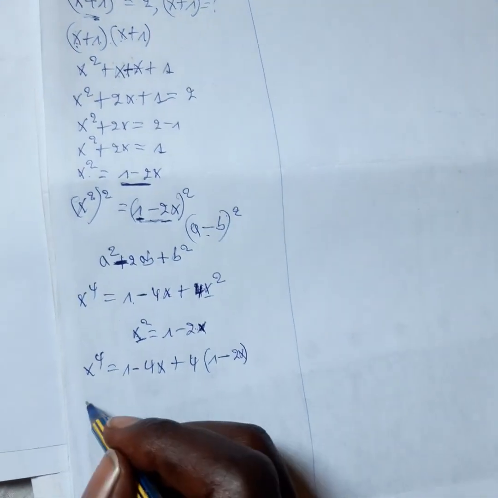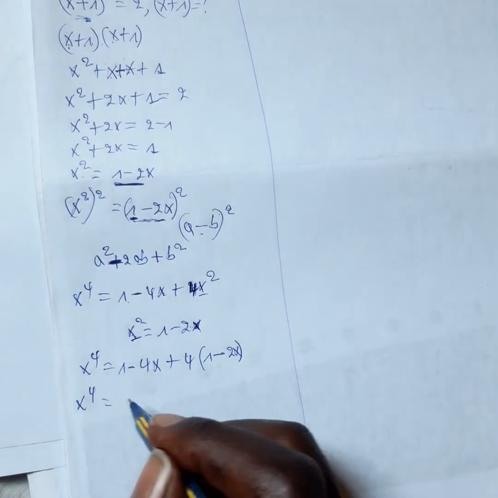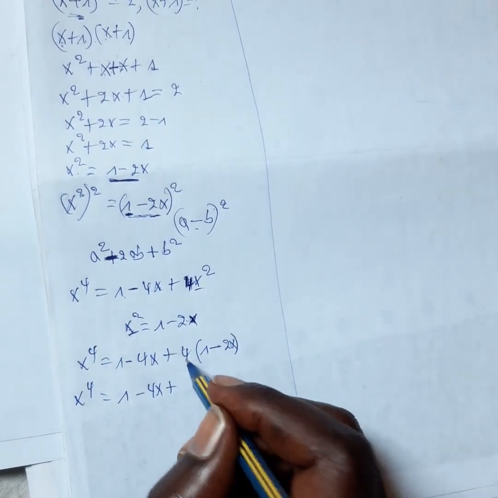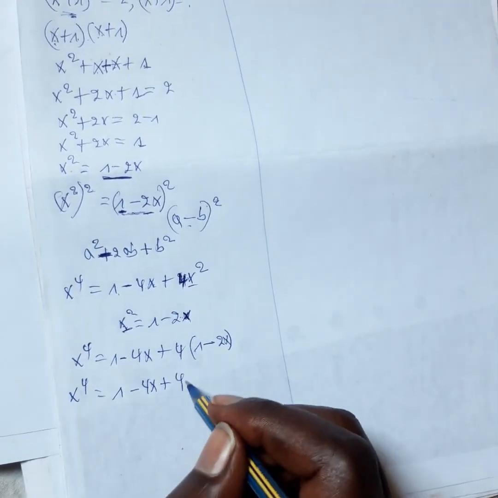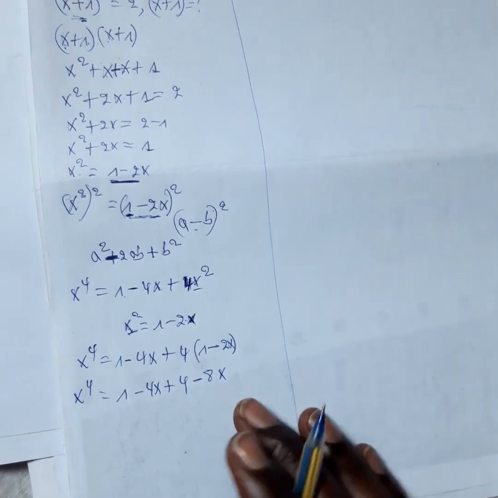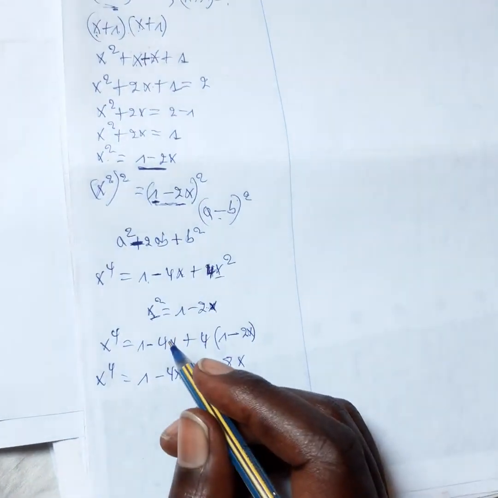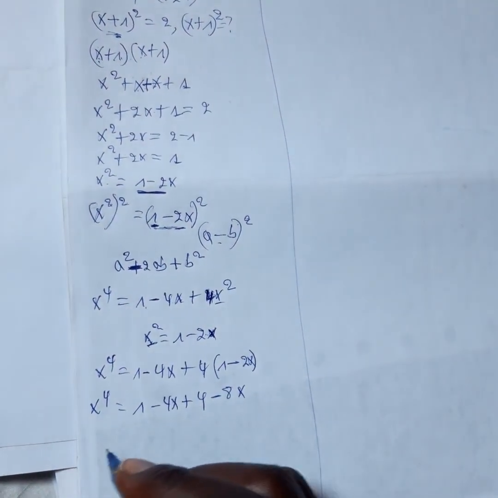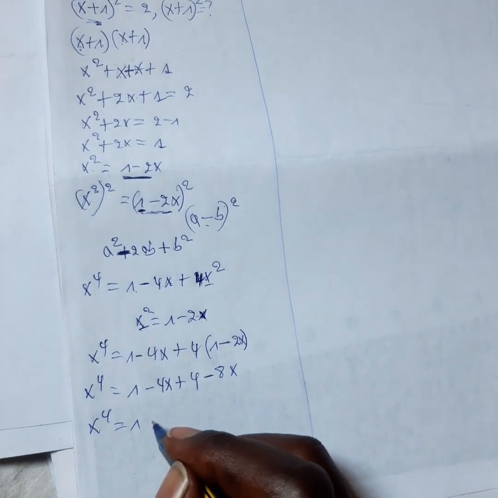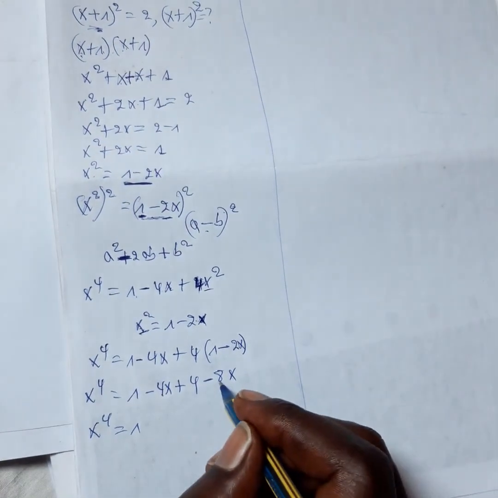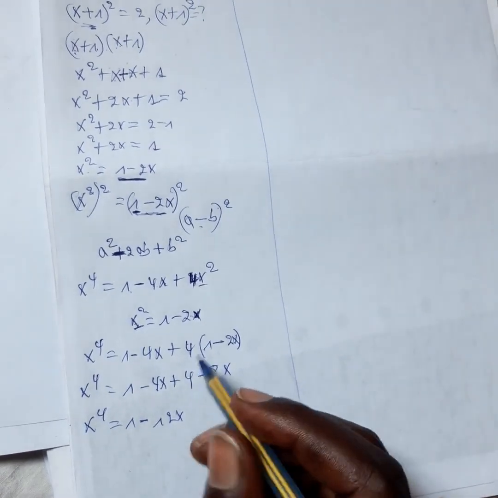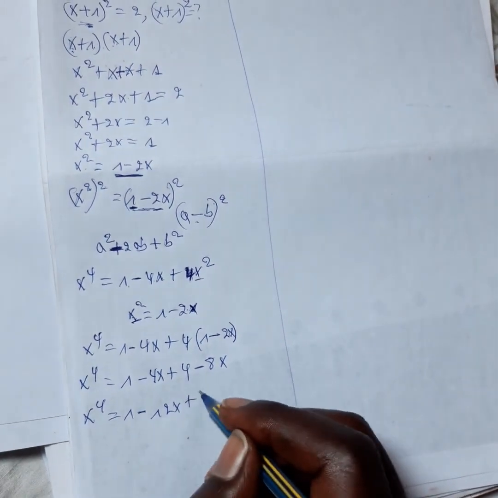Then x to the power 4 will be equal to 1 minus 4x plus 4 times 1, which is 4, and 4 times 2 is negative 8x. So here we have x to the power 4 equals 1 minus 4x minus 8x, which is negative 12x, then plus 4.